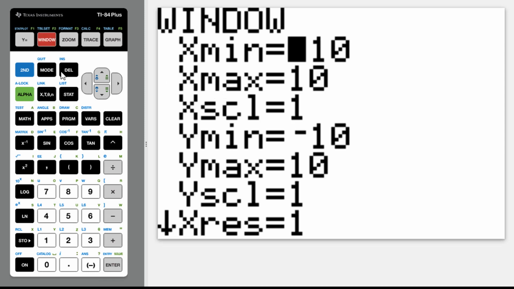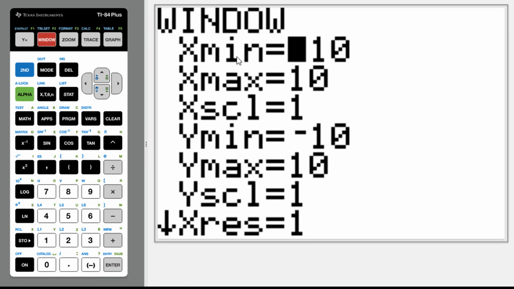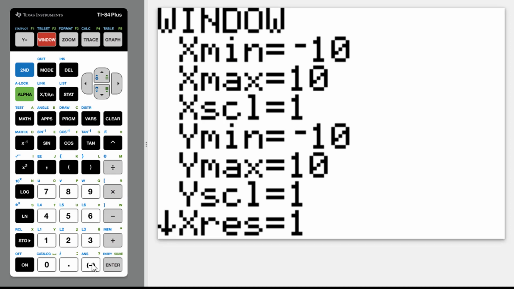Then we will go to this window. X minimum, we will change into negative 90. That's the period. Maximum will be 90. Then the scale will be 90 divided by 4.